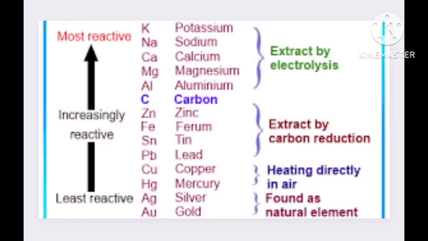Metals low in the activity series are unreactive. The oxides of metals can be reduced to metals by heating alone. For example, cinnabar (HgS) is an ore of mercury. When it is heated in air, it is first converted into mercuric oxide, that is HgO. Mercuric oxide is then reduced to mercury on further heating.